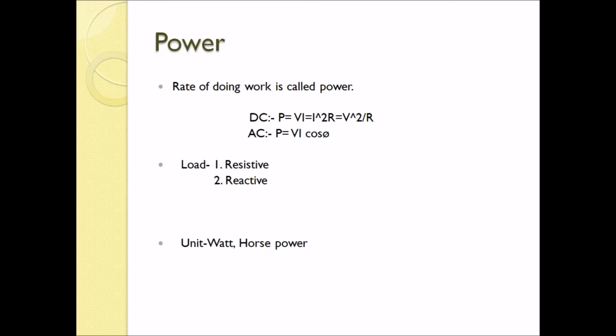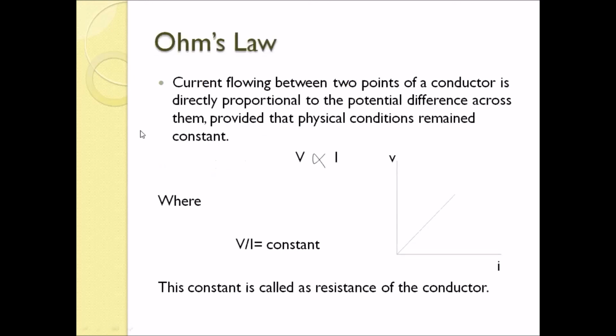A reactive load is generally an inductive load, made of a coil, like the electric fan. The unit to measure power is the watt, or horsepower, but generally the electric unit is the watt, and the meter used to measure electric power is the wattmeter.